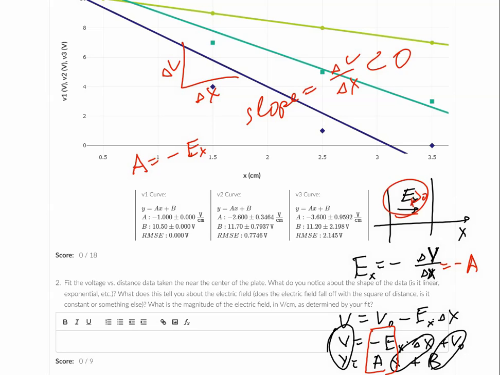It points to the right. And that's what we see here, because if you solve it for x component, negative A, negative slope, it makes it positive.